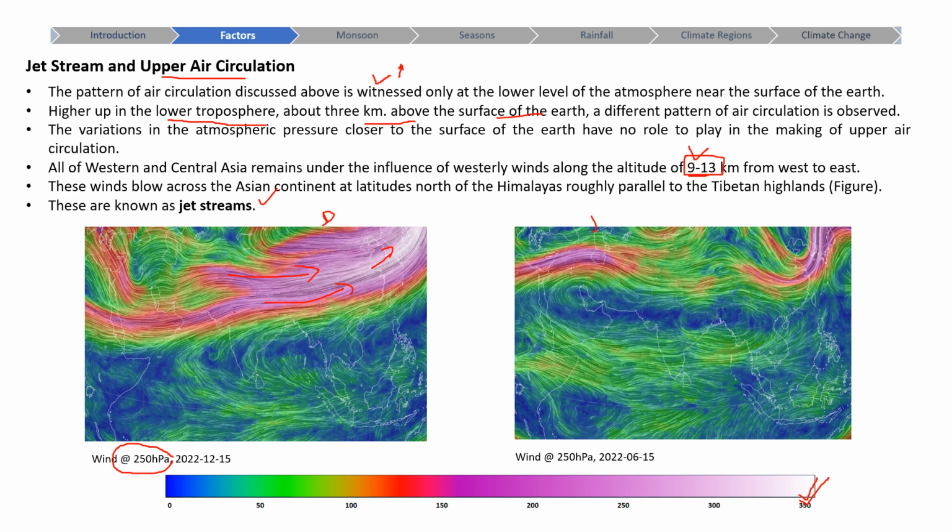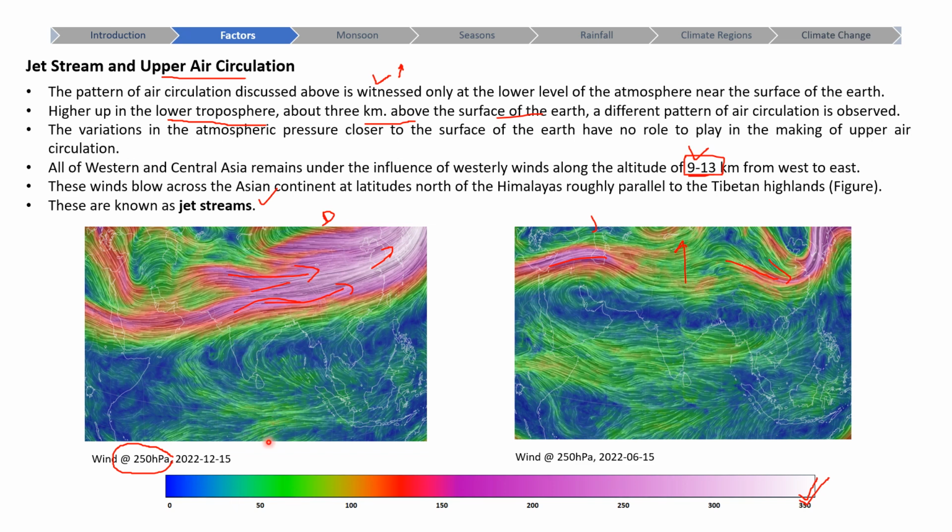In December, this is the position. In June, these jet streams have been weakened or moved up. And why weakened and why disturbed? Because of the movement of the sun.